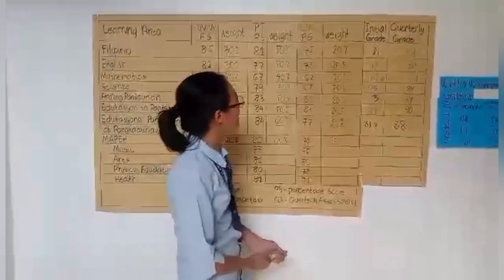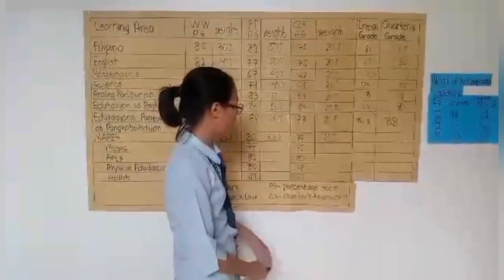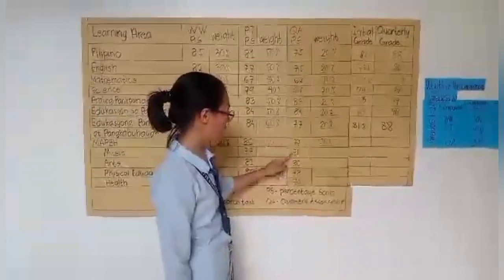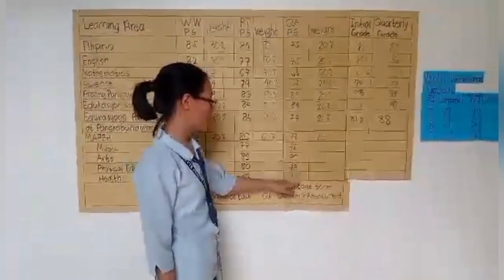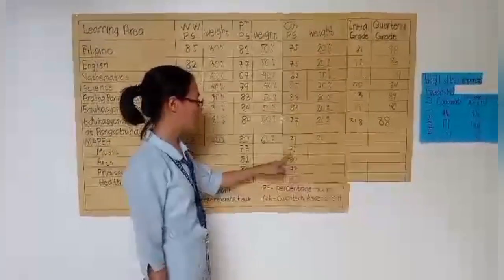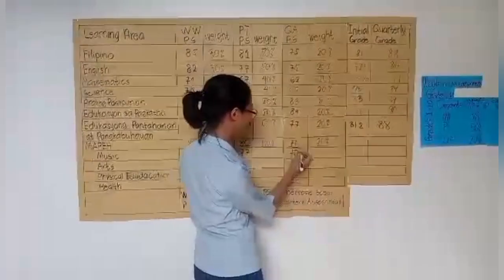And then in quarterly assessment, we have to add the four areas: 75 plus 80 plus 78 plus 75 equals 308. Then divided by 4, equals 77.